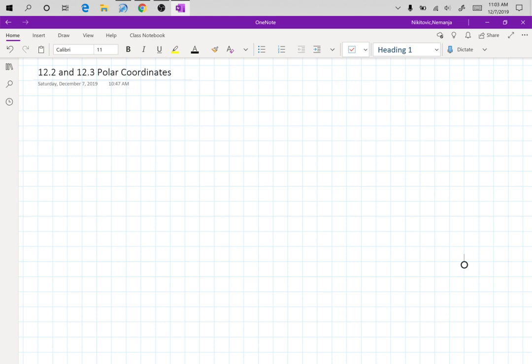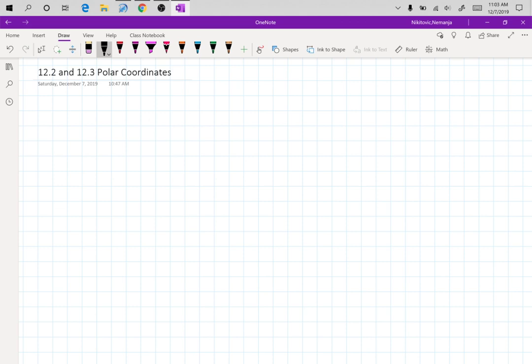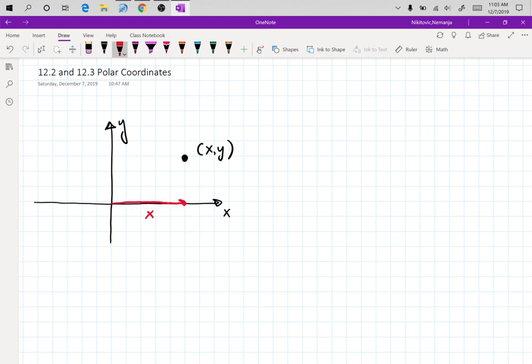Now, before we go and talk about polar coordinates, I want to first talk about rectangular coordinates real quick so we can draw the differences between the two worlds. So rectangular coordinates, a graph x and a y. When you pick a point x, y, the way to get to that point is to count x amount of units along the x-axis and then go 90 degrees up or down, depending on which way y goes.